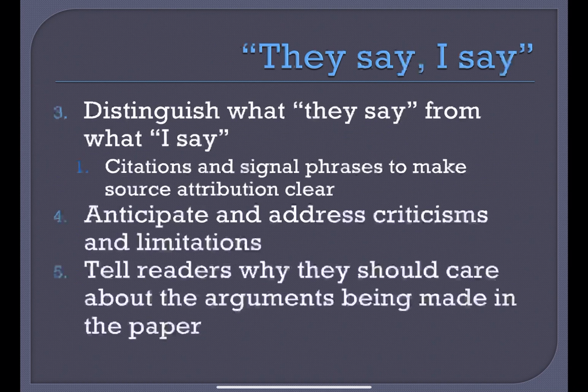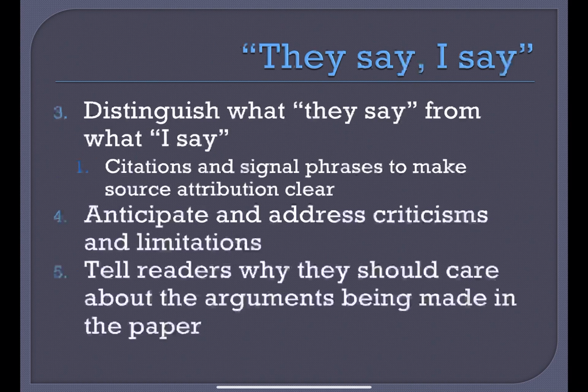Okay. Important components of this are that you want to distinguish what they say from what I say. So you want to use citations or signal phrases to make the source attributions clear. You want to identify that previous evidence has shown X, Y, and Z and cite that previous evidence.